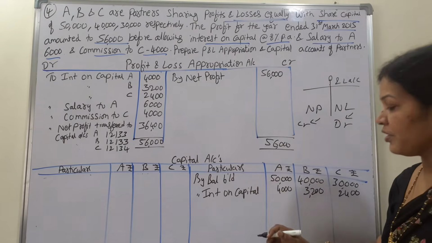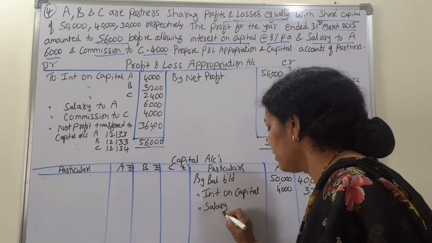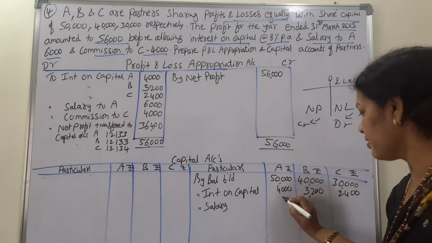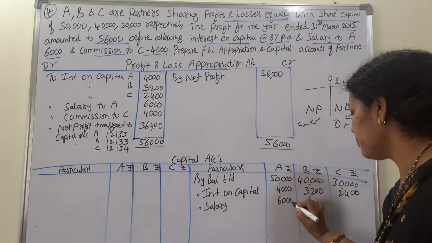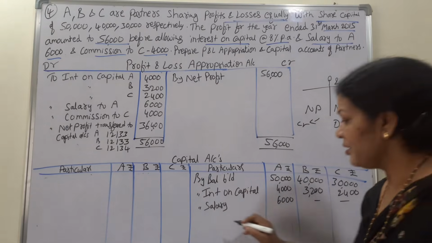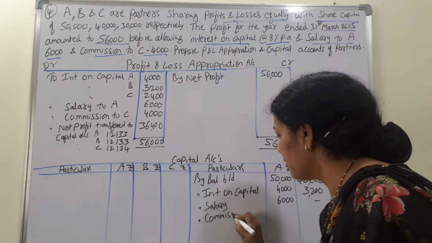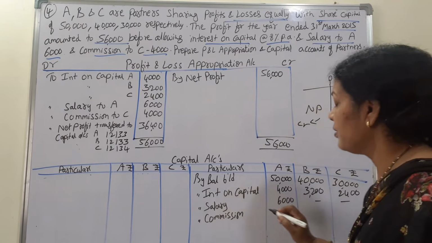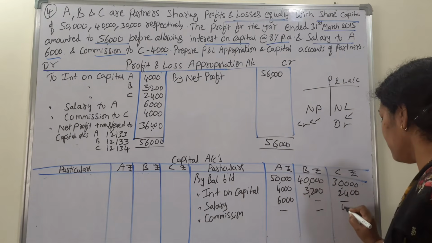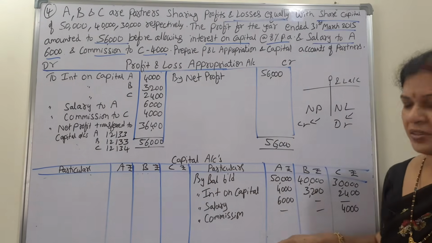Next, salary will be transferred. Salary to whom? Only A, 6,000. Others have no salary. And commission to C only, 4,000. And also the profit, debit to credit.